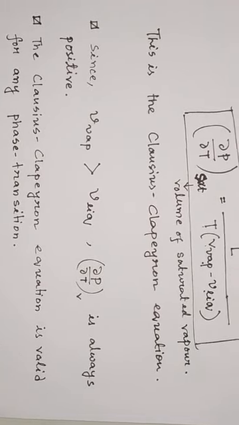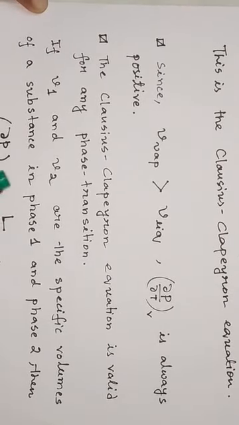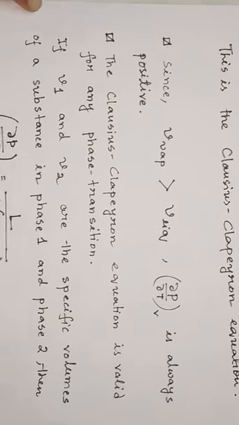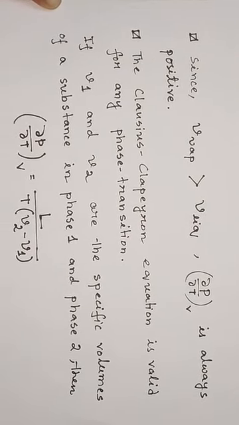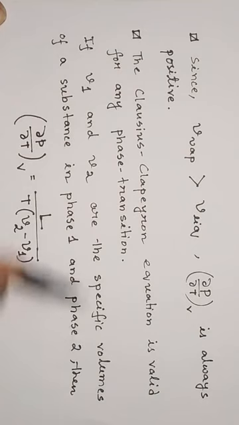Now this Clausius-Clapeyron equation is derived for a particular phase transition, which is evaporation. But this Clausius-Clapeyron equation is valid for any phase transition, like between solid to liquid, liquid to vapor, or solid to vapor, vapor to solid, etc. So now we can state one generalized form of this equation, where V1 and V2 are the specific volumes of a substance in phase 1 and phase 2.